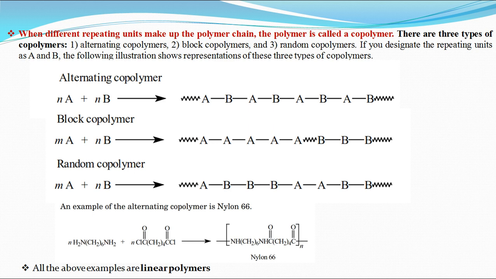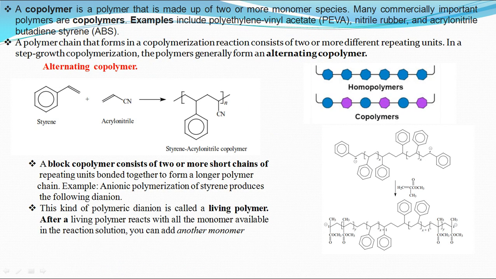Copolymerization: a copolymer is made up of two or more monomer species. Many commercially important polymers are copolymers. Examples include polyethylene vinyl acetate, nitrile rubber, and acrylonitrile butadiene styrene (ABS).